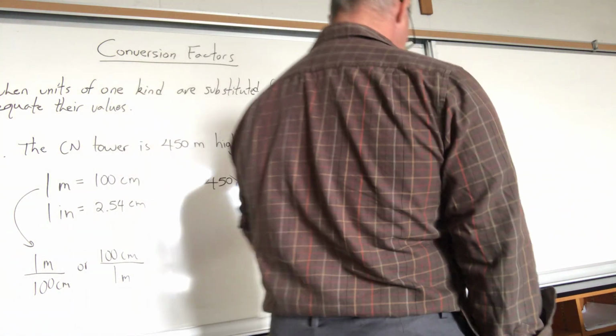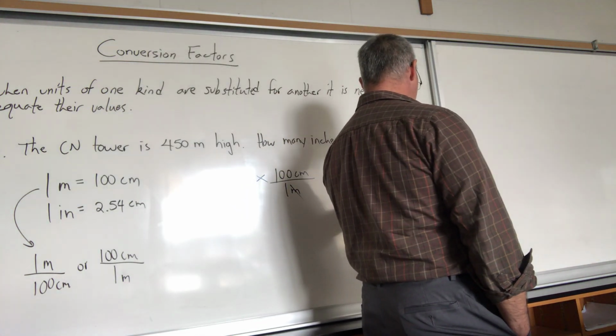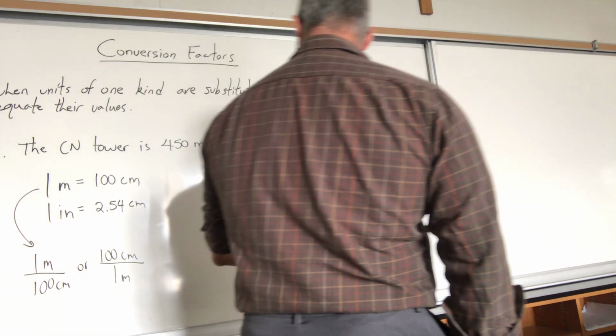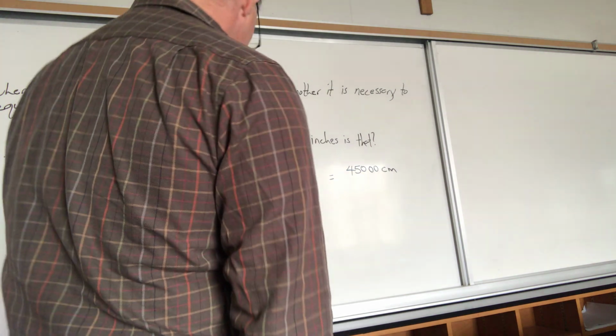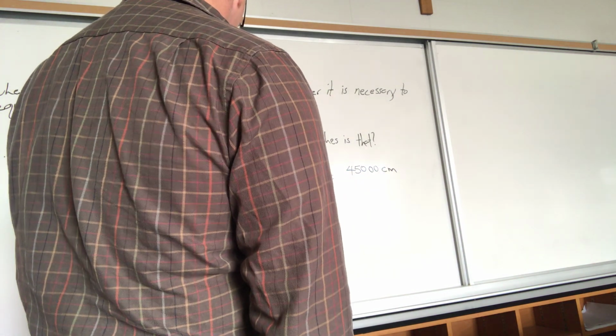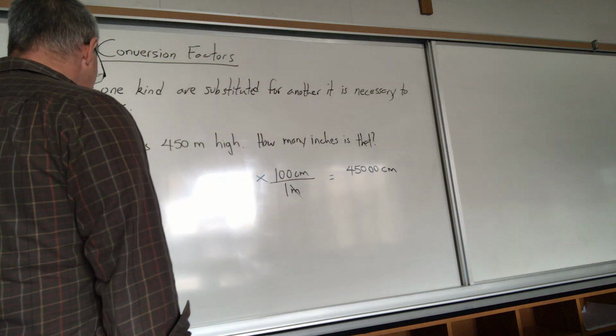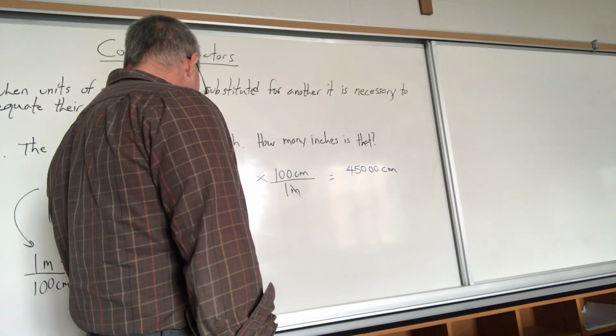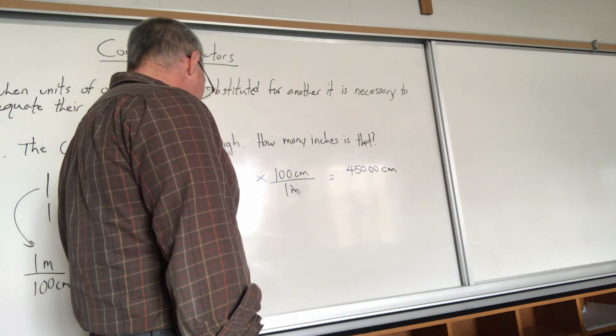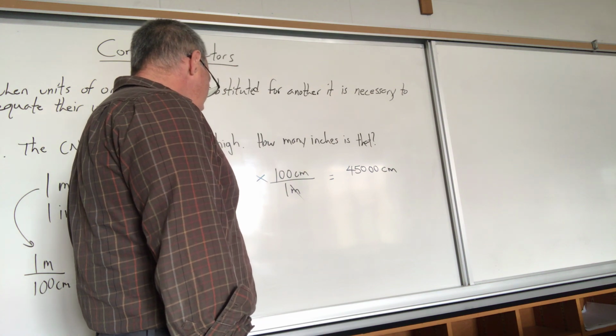But we're still not finished. The CN Tower is 45,000 centimeters tall, but you want to convert it to inches. So we have one more conversion factor here, which we can write as 1 inch per 2.54 centimeters, or you could say 2.54 centimeters per 1 inch.